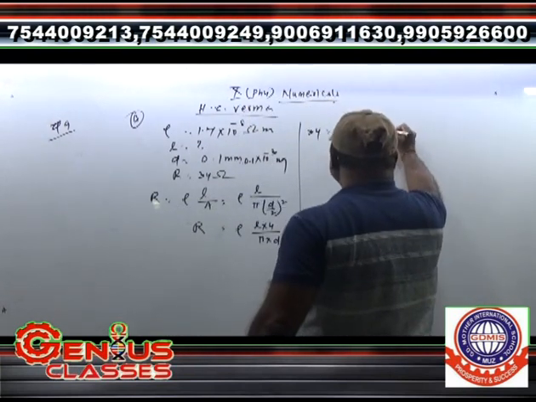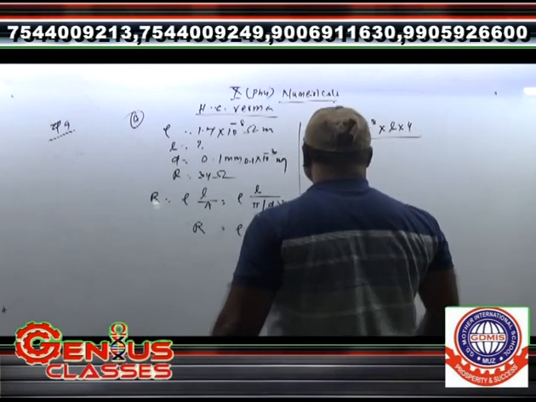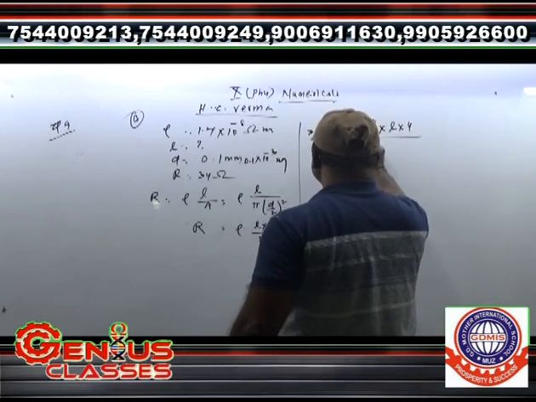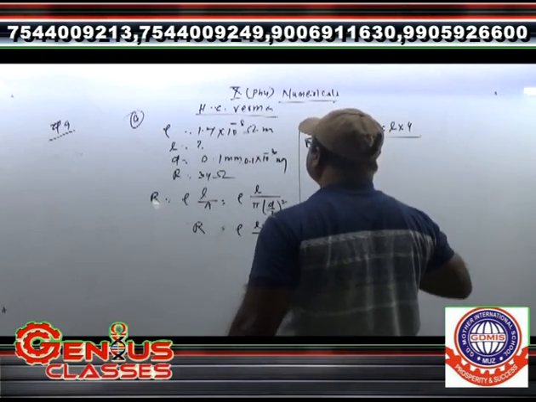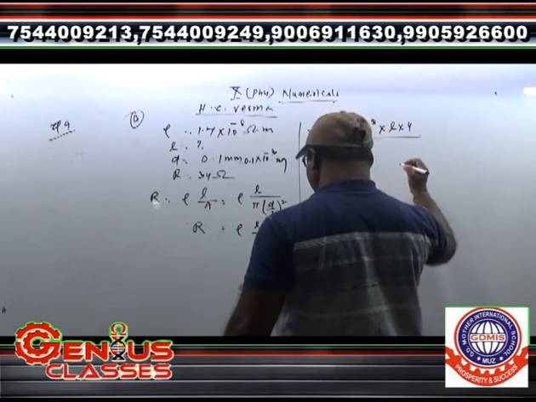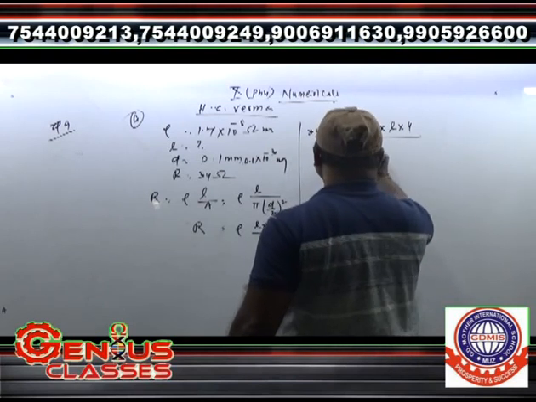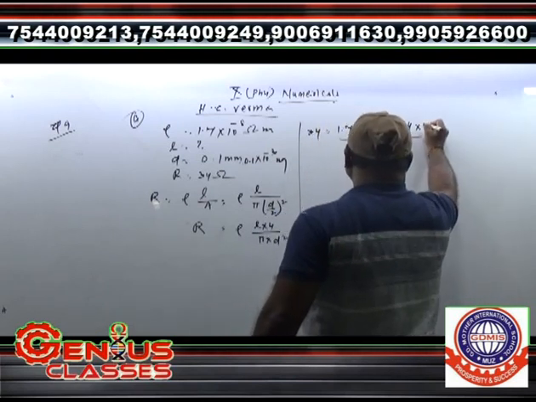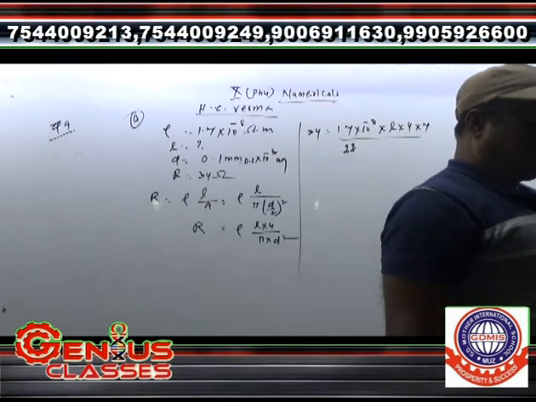We have to find the L, it is 4, and here it is pi, that is 22 by 7, so it is 7 by 22.